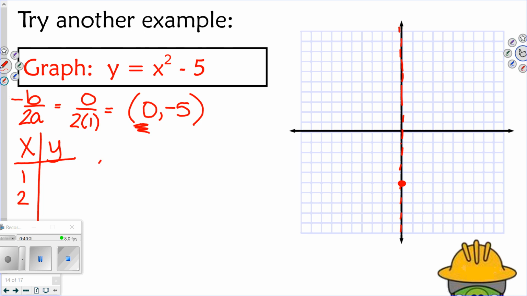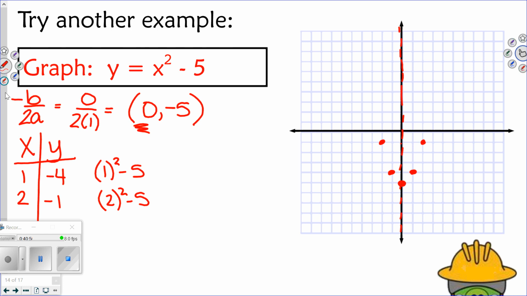So if you plug in a 1, 1 squared minus 5, it's negative 4. Okay, so I'm going to plot 1, negative 4, and reflect it. If you plug in a 2, 2 squared minus 5 is negative 1. So 2, negative 1, and reflect it.